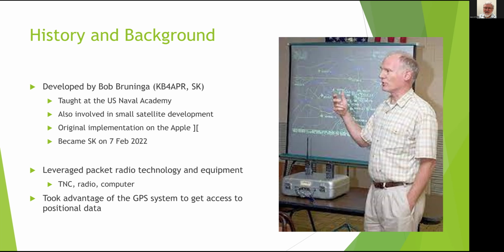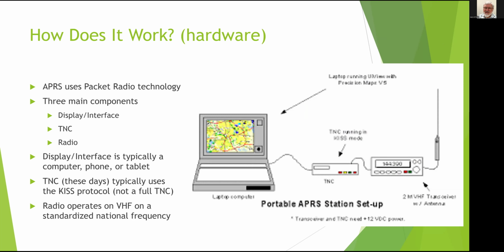So we have this technology now, and Bob figured out, why don't we take advantage of GPS to get this positional information and use that to deliver a tactical picture to amateur radio operators out in the field, right?